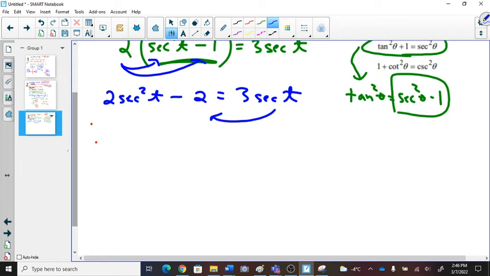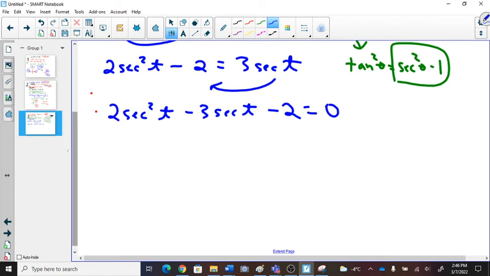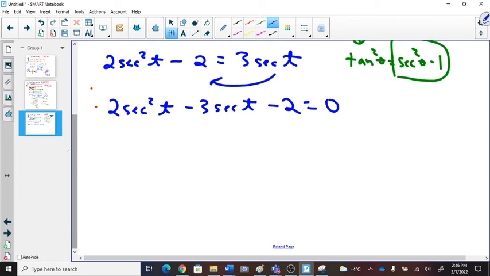So 2 secant squared t, good, stays. That gets moved, so now it's a negative. And that stays. Was this the exact same one, or was it a +2 last time?